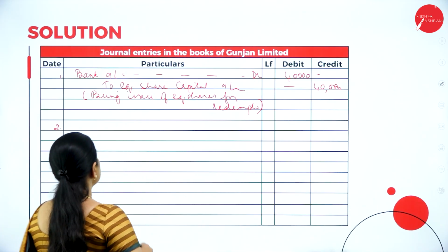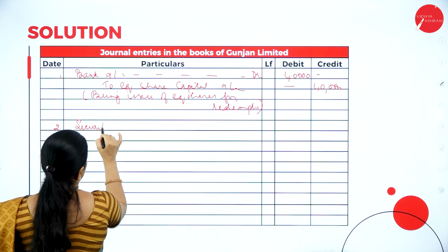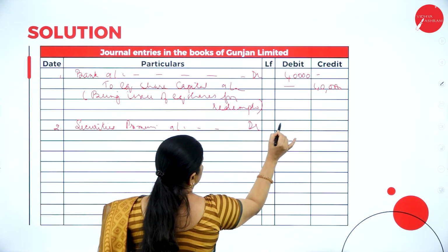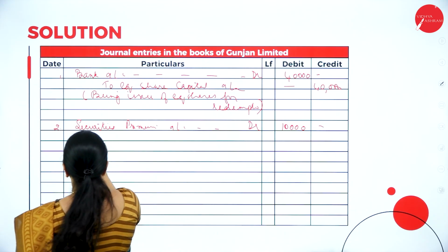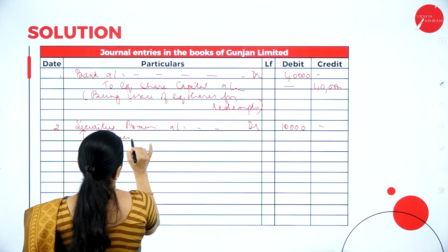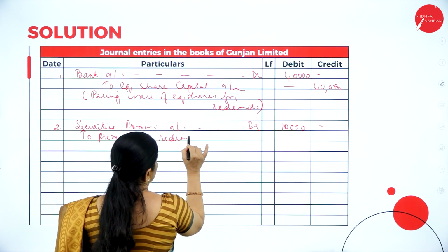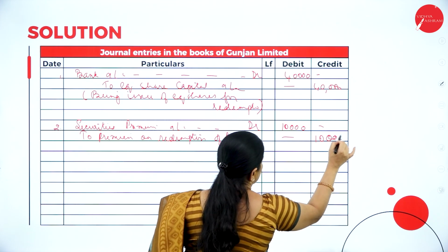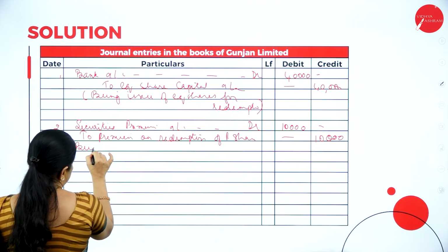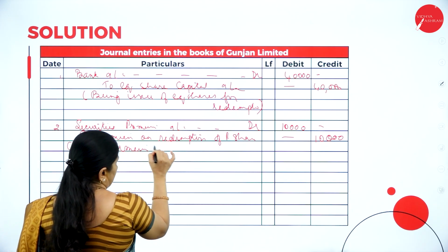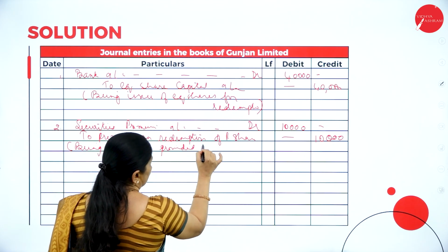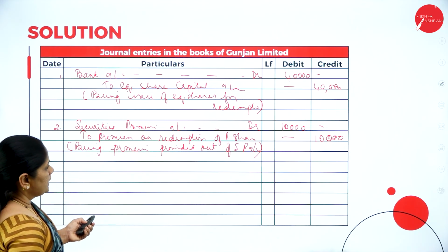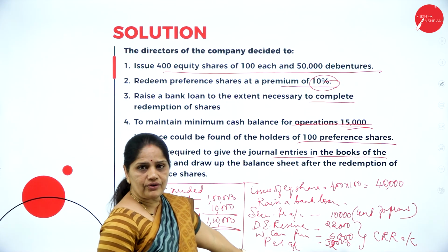So we will provide it from the securities premium account debtor, 10,000, to premium on redemption of preference shares, 10,000, being premium provided out of securities premium account.